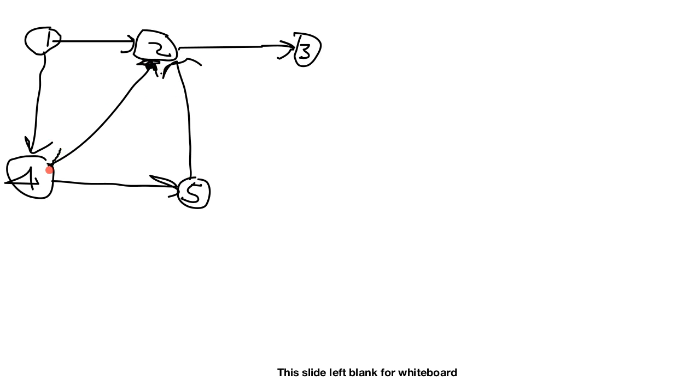This arrow is pointing to that. So that arrow is pointing to that. This one is pointing on this. Then we can have 6 somewhere here.